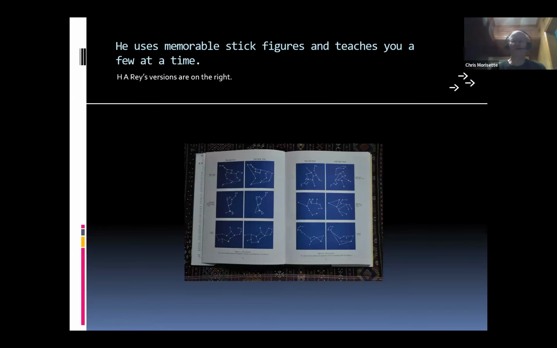And he's done this throughout various other constellations as well. Again, these are children's books, but they're really meant for anybody that's just starting out in astronomy. So I encourage you to look into those if you want to learn more about picking out patterns for constellations and learning some of the basics.